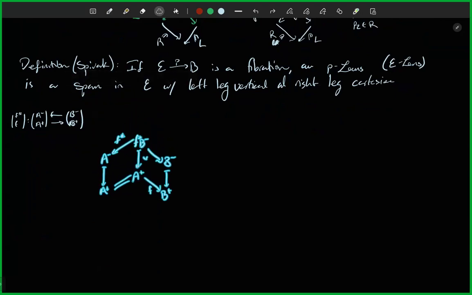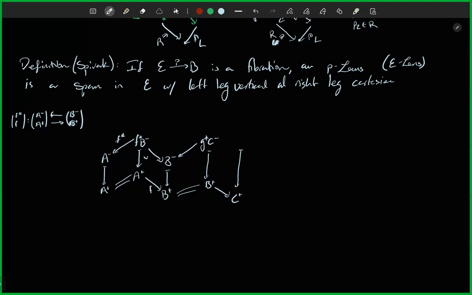Composition is going to be given by composition of spans, which I'll do out here. Here is G sharp.